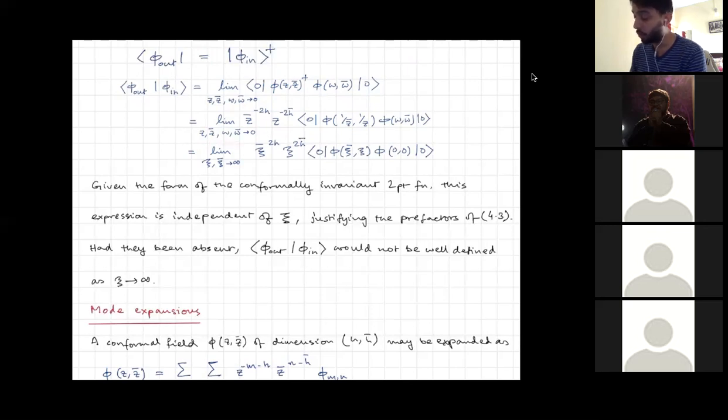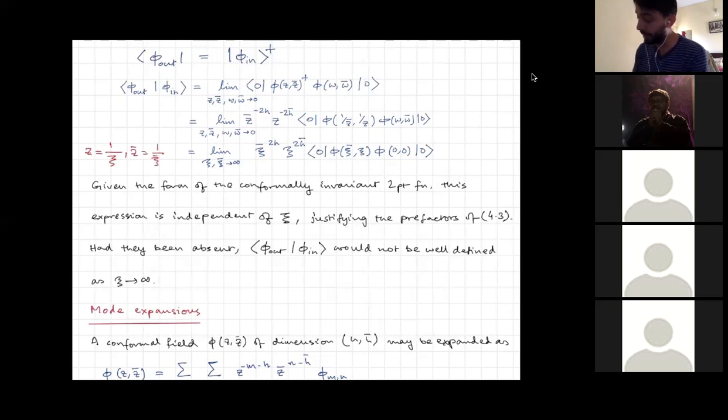There are no factors of 1 over omega hanging around, so you put this equal to 0, and we will say that z is equal to 1 over xi, and z bar is 1 over xi bar.